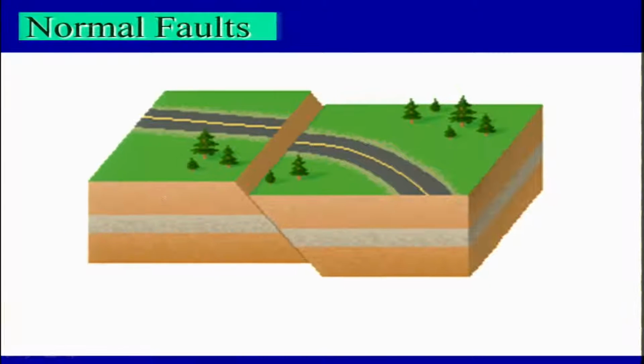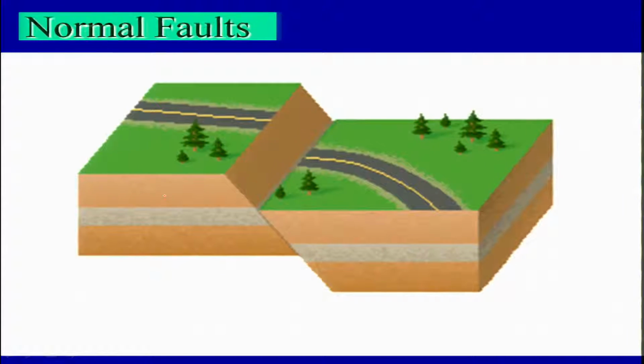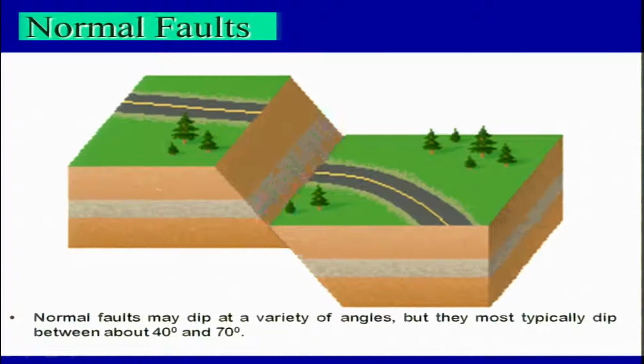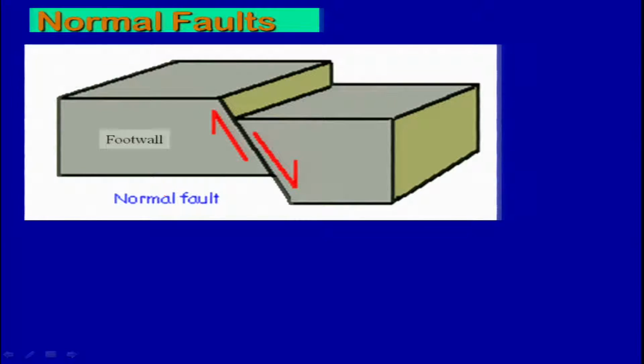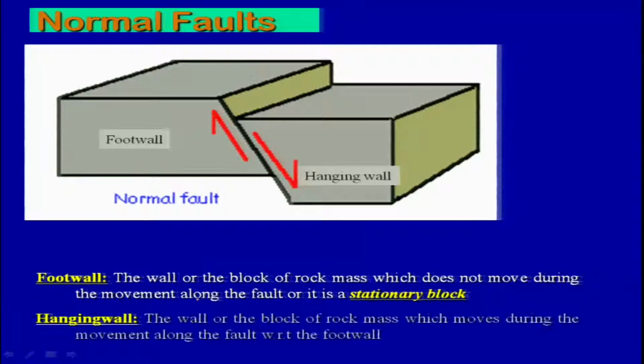So we need to also understand and identify what is the type of faulting and how it will move. So normal faults, we have the foot wall, we have the hanging wall, and the foot wall block of the rock mass does not move during the movement. Okay, it will remain stationary, whereas the hanging wall will move.